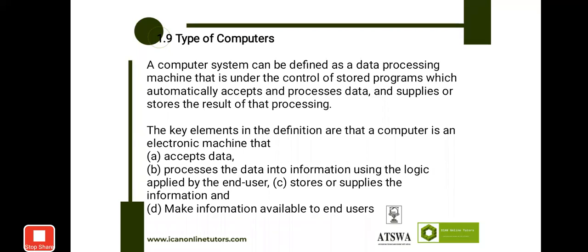So the key elements in the definition are that a computer accepts data, processes data into information using the logic applied by the end user, and then stores or supplies the information and makes it available to end users.